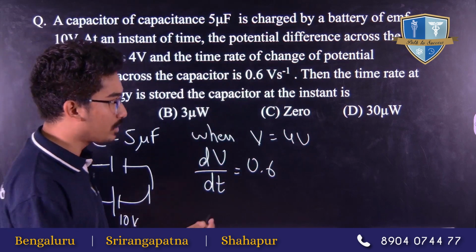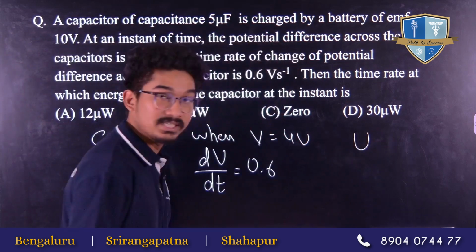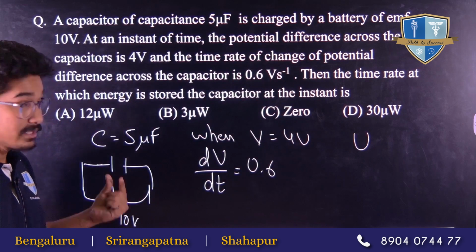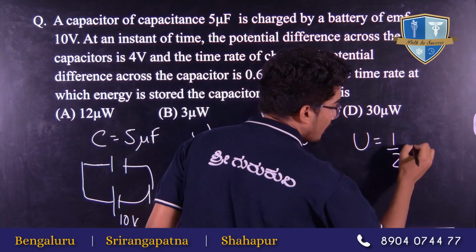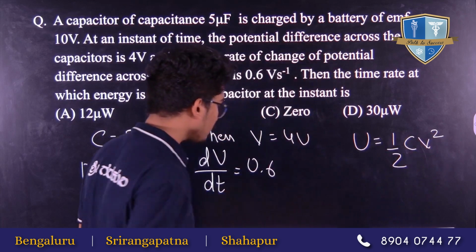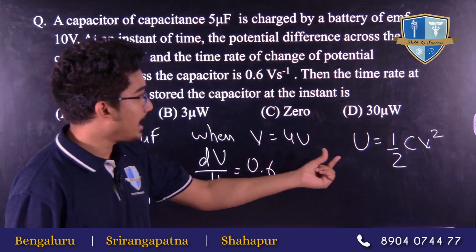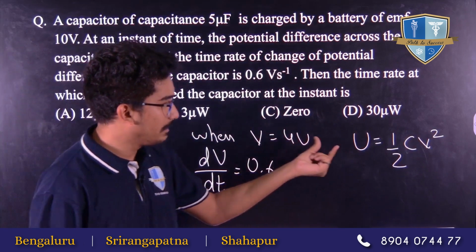Now the time rate at which the energy is stored in the capacitor at the instant is. So we know the energy stored formula. Energy stored in a capacitor is in the form of potential energy. That potential energy is equal to half CV square. Now we need time rate of this potential energy. So we will differentiate this equation.